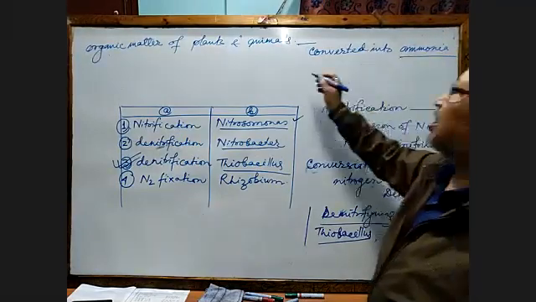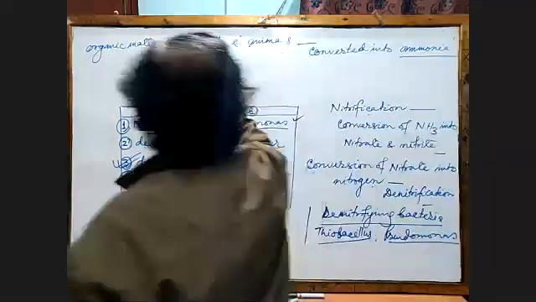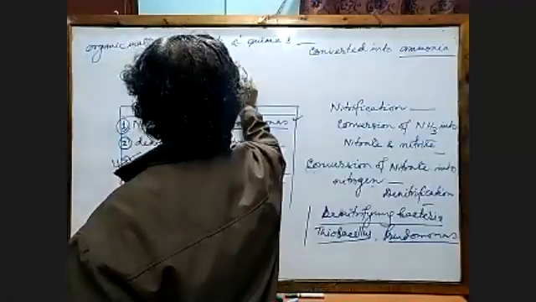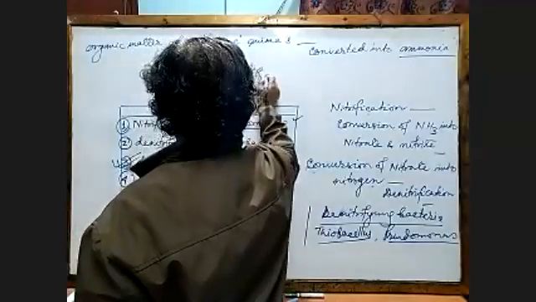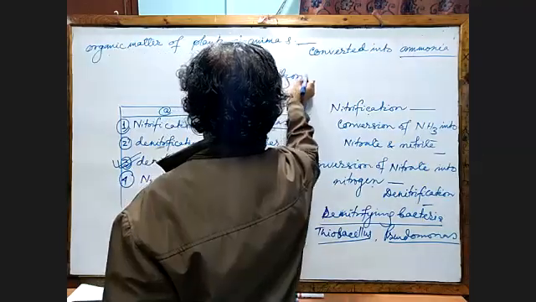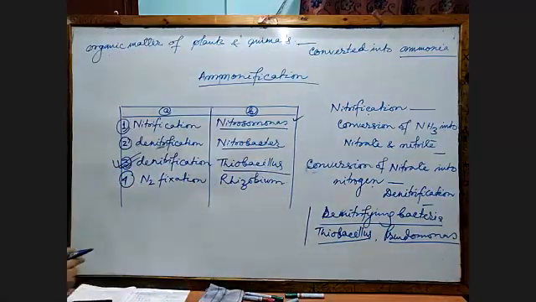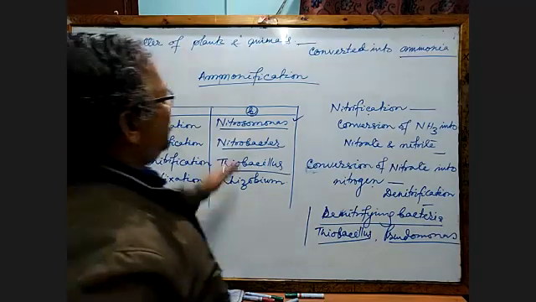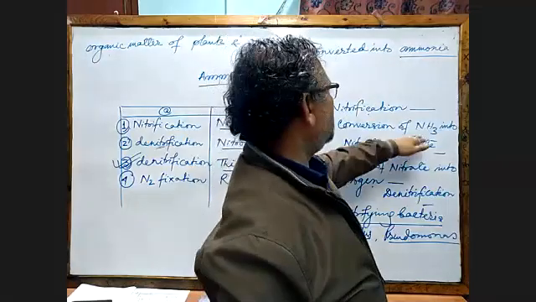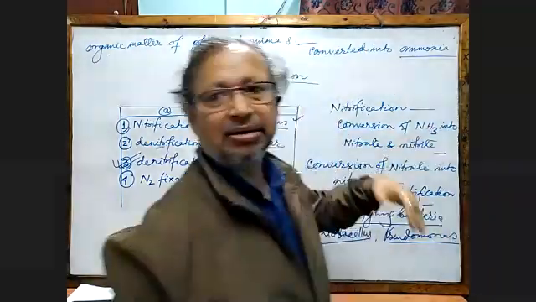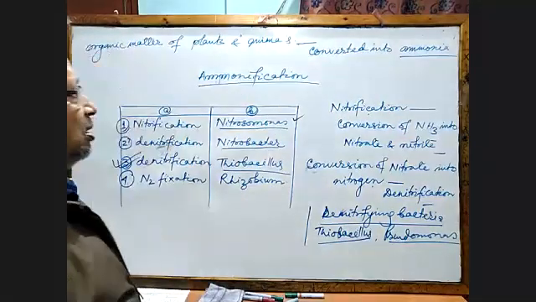And this process is known as ammonification. So in nitrogen metabolism, ammonification is one of the methods. And once this ammonia is formed, this soil ammonia is converted into nitrate and nitrite. It is absorbed by the plant.